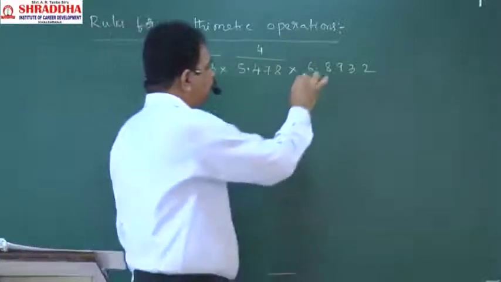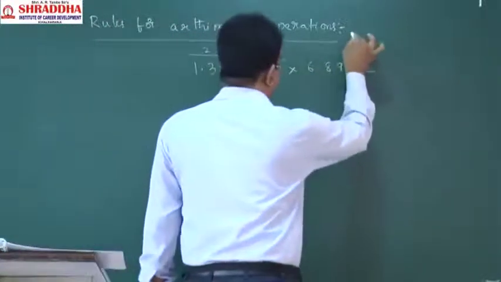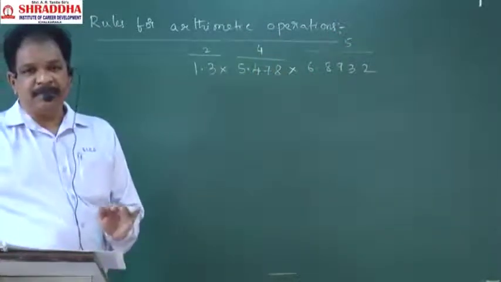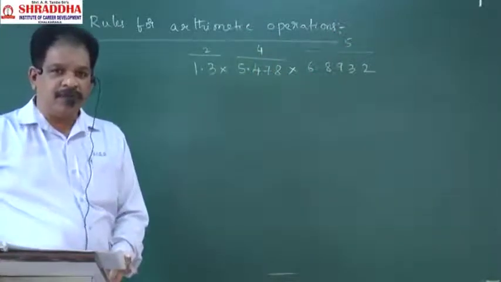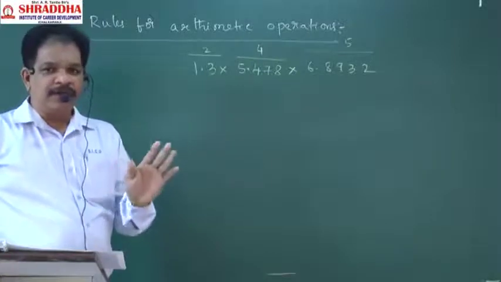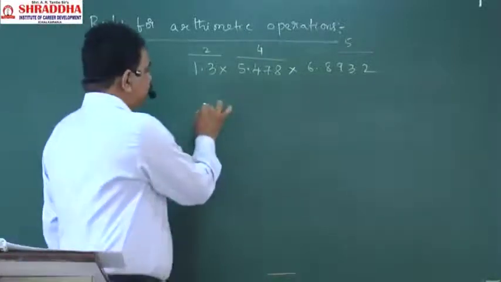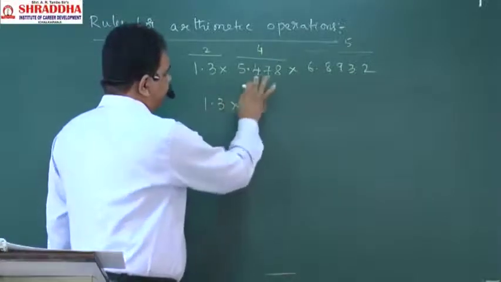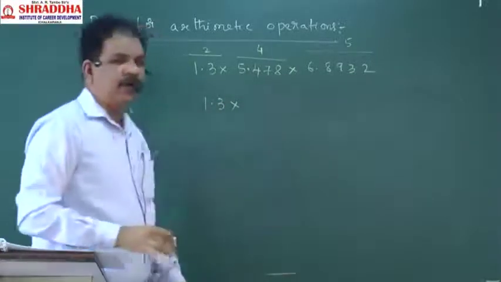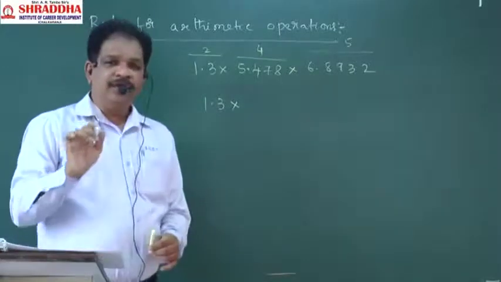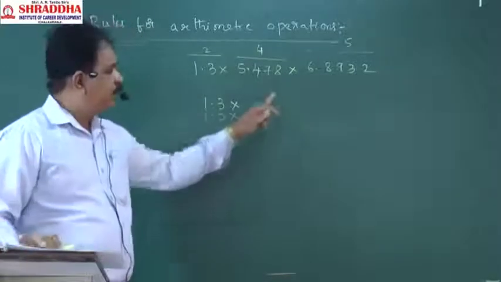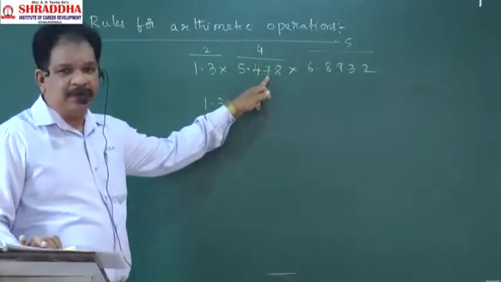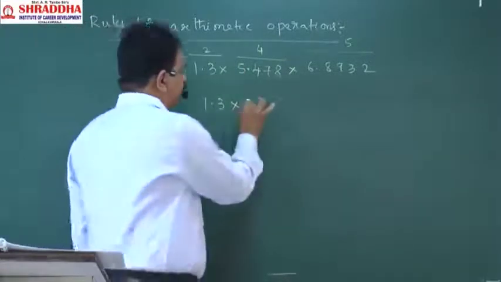This has 5. The remaining numbers will be rounded to have one more extra significant figure. 1.3, you write it the same. Here 4 are there, right? Round it to have 3 significant figures. Discard this 8. The preceding digit will be increased by 1.